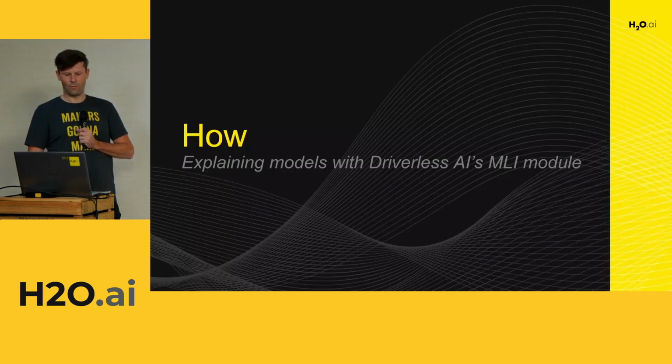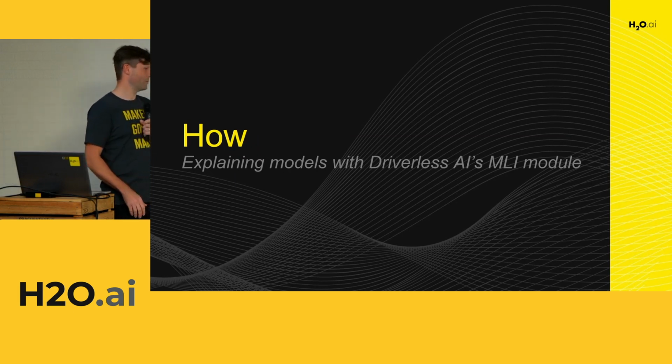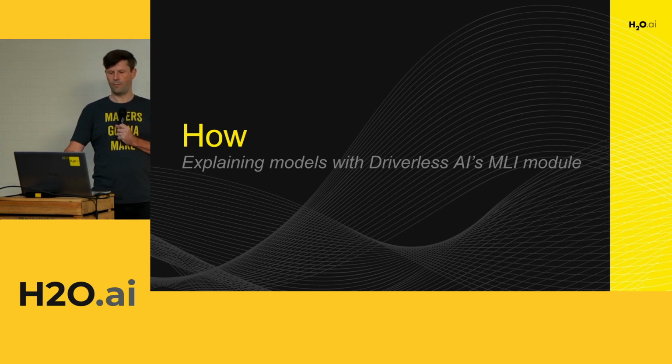So you have that, and now we can finally deep dive into how to explain the models and what we do in that MLI module. I would say that this is used in Driverless, but I will just briefly describe how these methods work, so it is applicable in general. And also, we support third-party models in Driverless, even through their predictions, for instance.